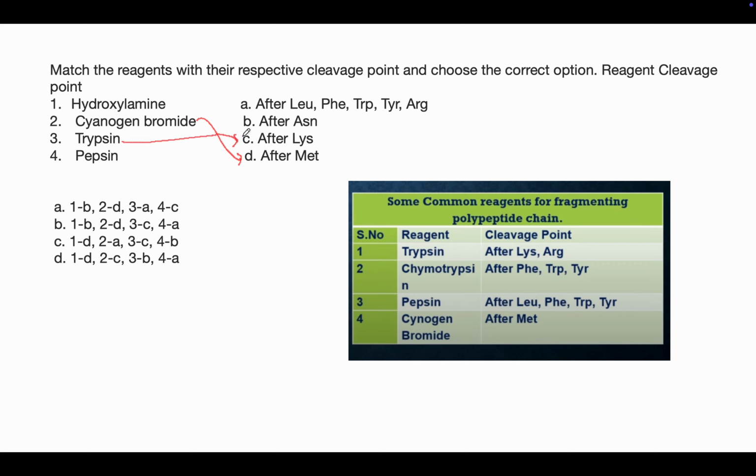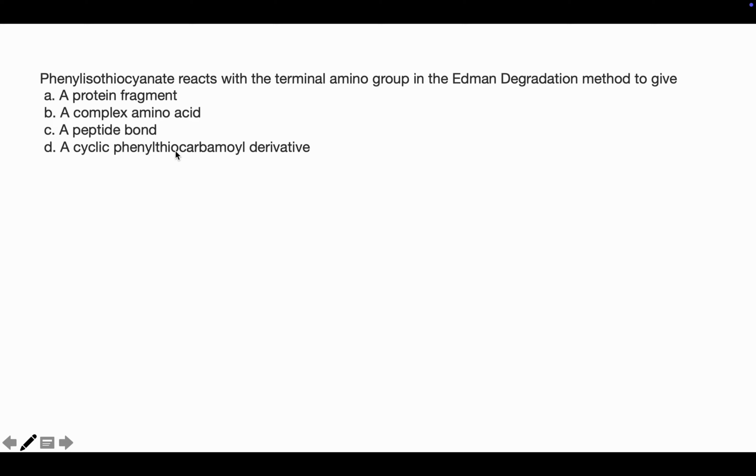And pepsin will cleave after leucine, phenylalanine, and tyrosine. So the correct answer is hydroxylamine will cleave after asparagine. The correct answer is B. You have to remember different cleavage points for different enzymes.